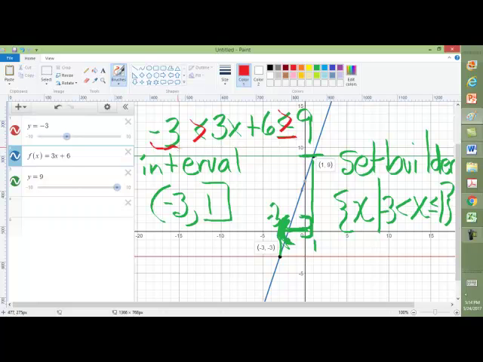Now we want this -3 to be greater than the 3x plus 6. That means the red has to be above that. Isn't the red above your blue from here backwards? Well, we're not going to include the spot where they meet, but we want to get all the way up to that spot where they are equal, which is at -3.